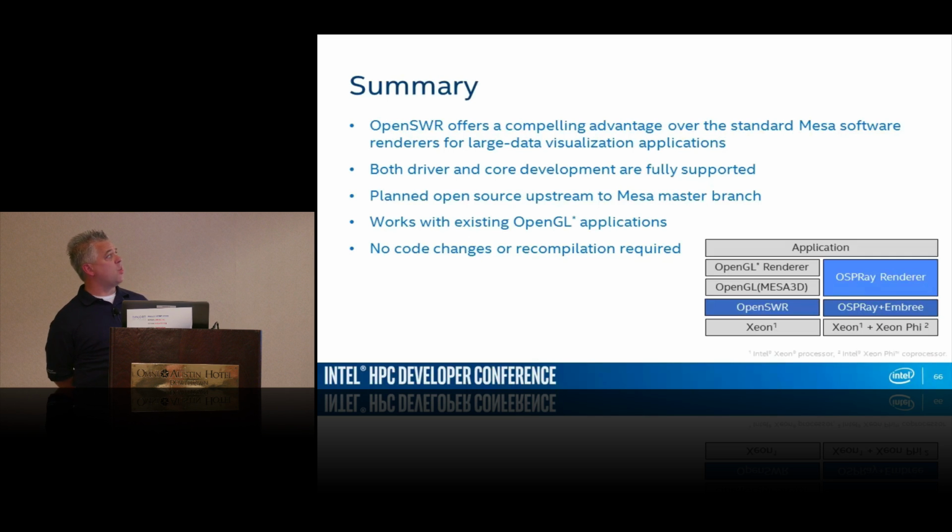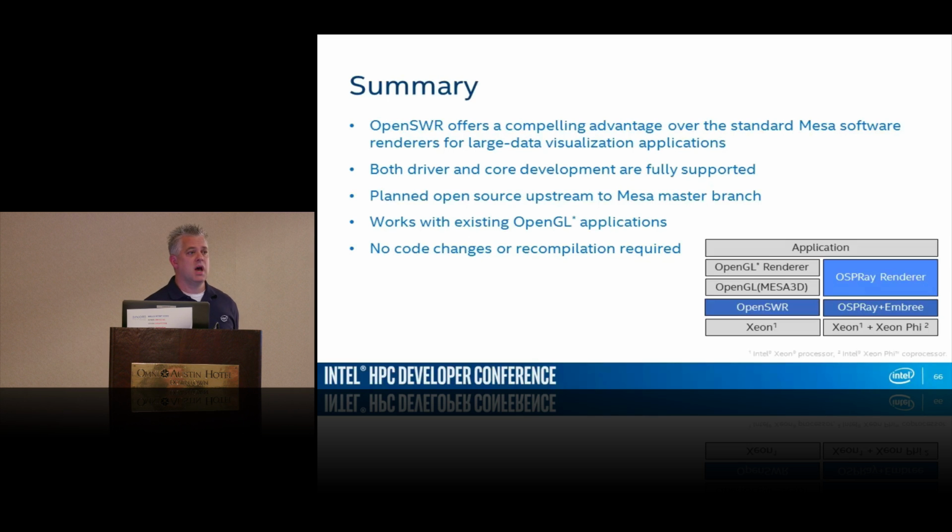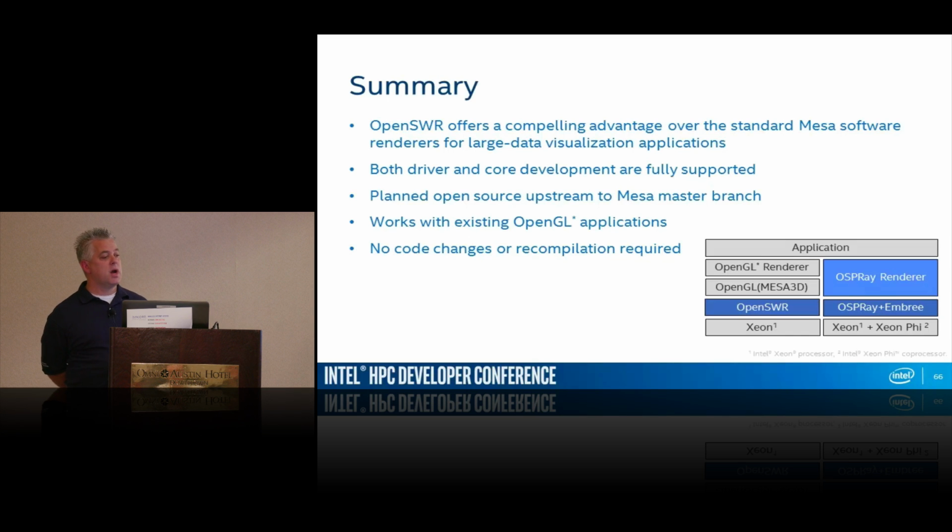We are fully supporting both the driver as well as the core development. As I mentioned, Tim and I are the main OpenSWR developers. We have a few other folks within Intel that are working on the core, so it is a well-supported project. We plan to get it upstreamed into the master branch, and it does work with existing OpenGL applications with no code change required.